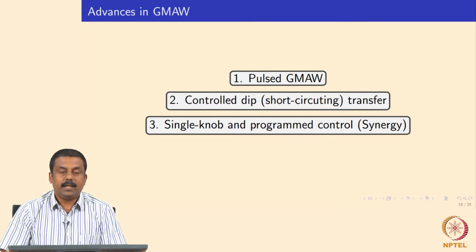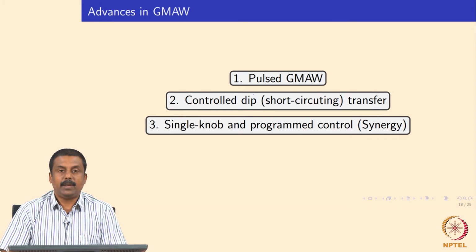But we may also get similar transfer characteristics, instead of using a constant current, by using pulsing. So we can introduce pulsing in current waveforms or voltage waveforms to promote spray transition. By doing pulsing, we can also reduce the mean current significantly.